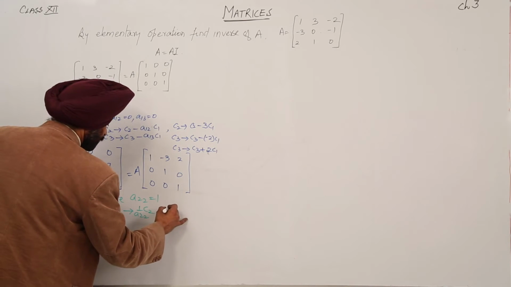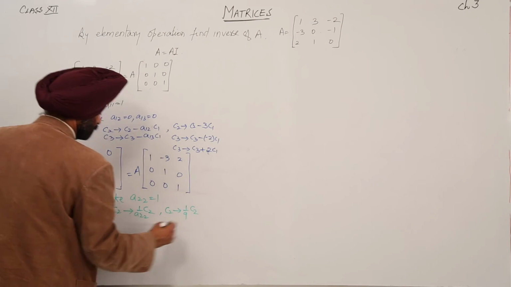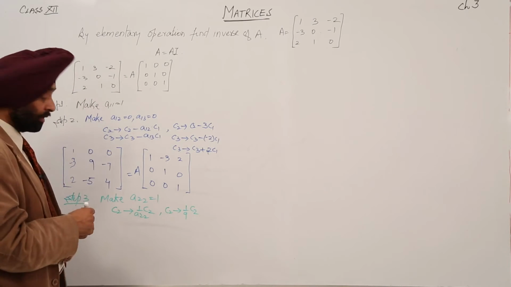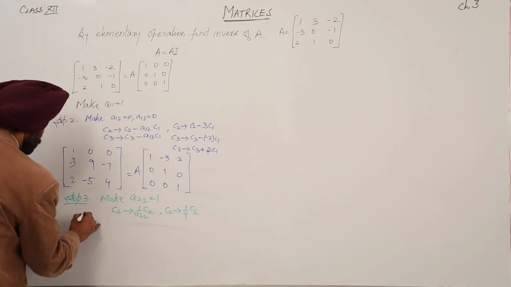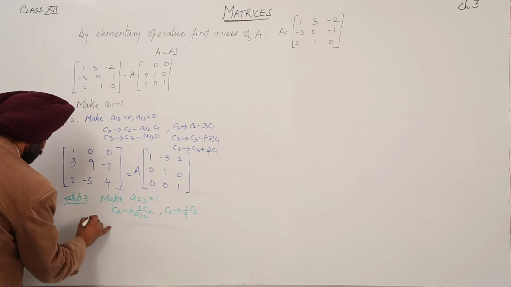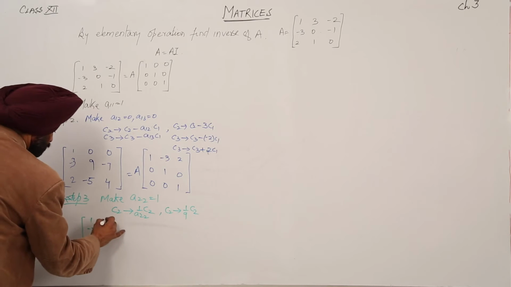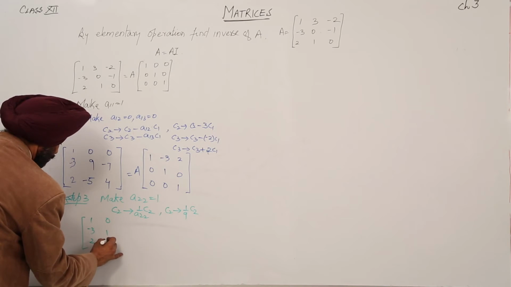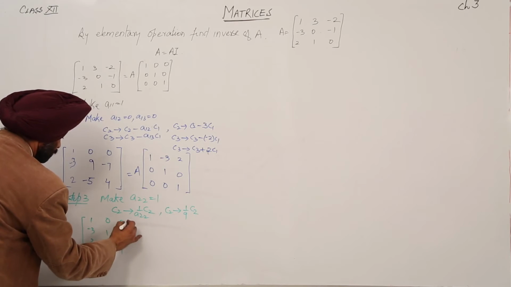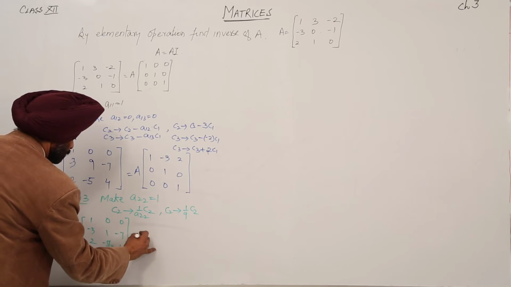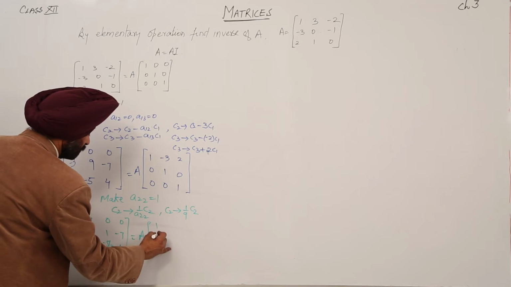So we are having C2 approaches to 1 upon 9 C2. We are multiplying the second column by 1 by 9. So we are having now 1 minus 3 2 as it is, 0 1 minus 5 by 9, 0 minus 7 4 as it is, is equal to A. Here also the first row as it is, 1 0 0.